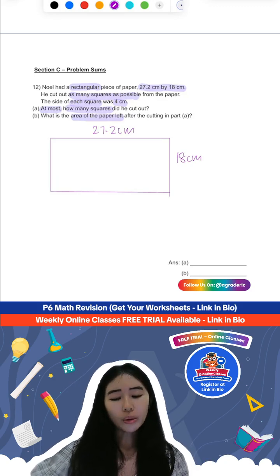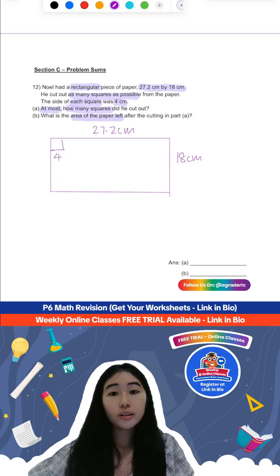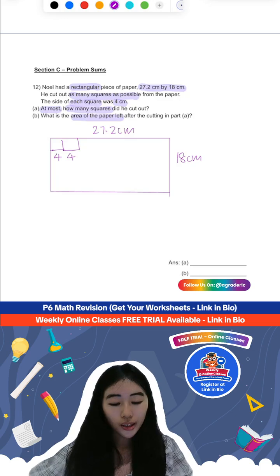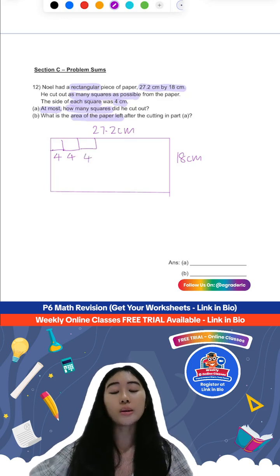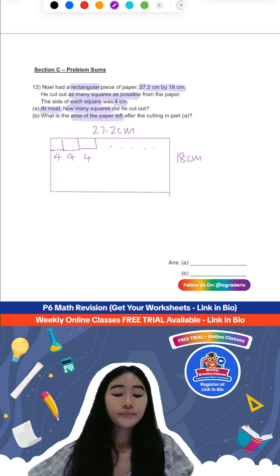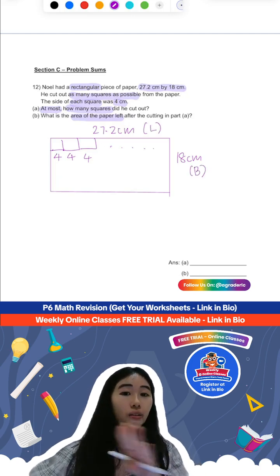He's trying to cut out as many squares as possible. So let's say he cuts out a square like that, 4 cm, and then he cuts out another square beside it, another 4 cm. He cuts out another square, another 4 cm. So he continues cutting. How many squares can he cut along the length? Let me know in the chat.